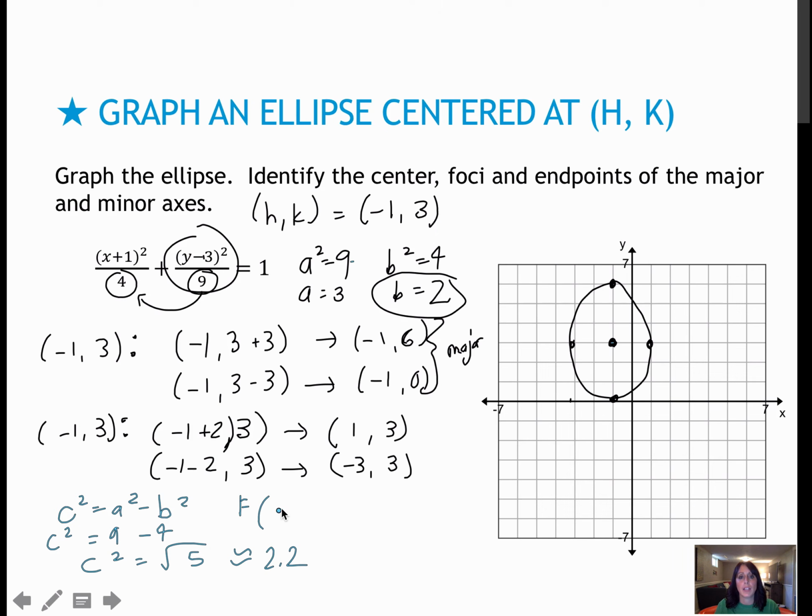So that would be -1 comma 3 plus radical 5 and -1 comma 3 minus radical 5. I wouldn't necessarily turn those into decimals, but of course I am going to go 2.2 in each direction to write my foci on the graph.